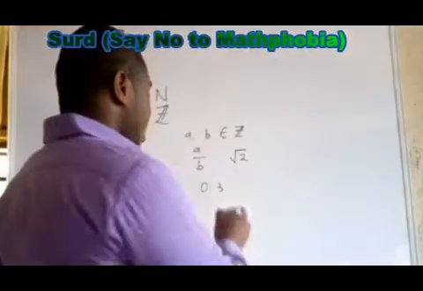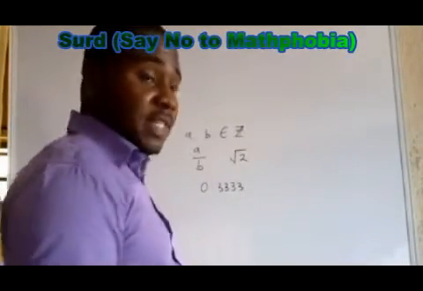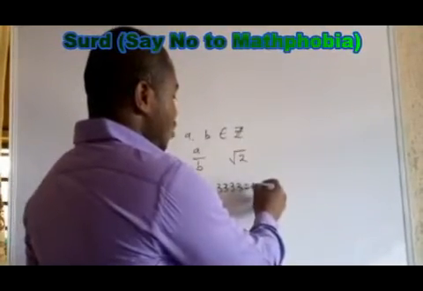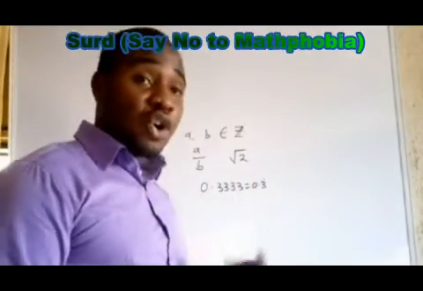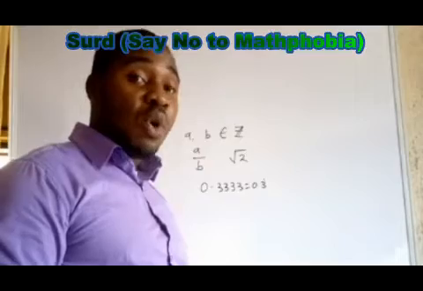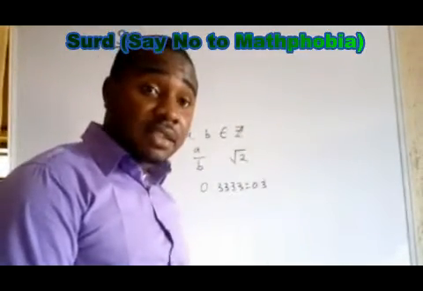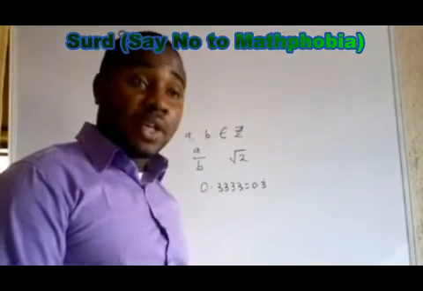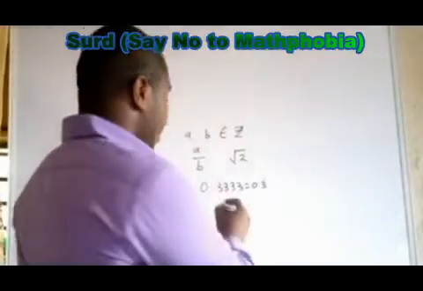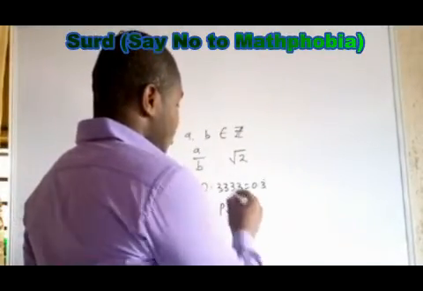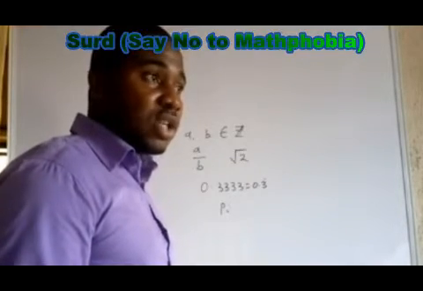It's recurring in the sense that maybe 3, 3, 3, 3, which we can represent as 0.3 with a dot to express that this is recurring. They are rational. But once they are not terminating and they are not recurring, they are irrational numbers. Numbers like pi, they are not rational numbers.